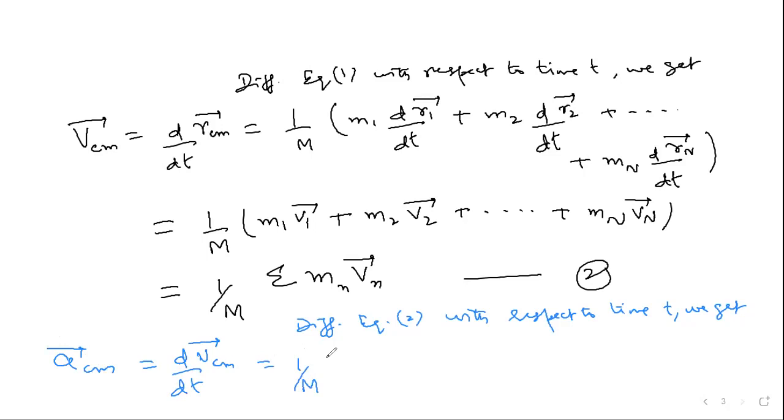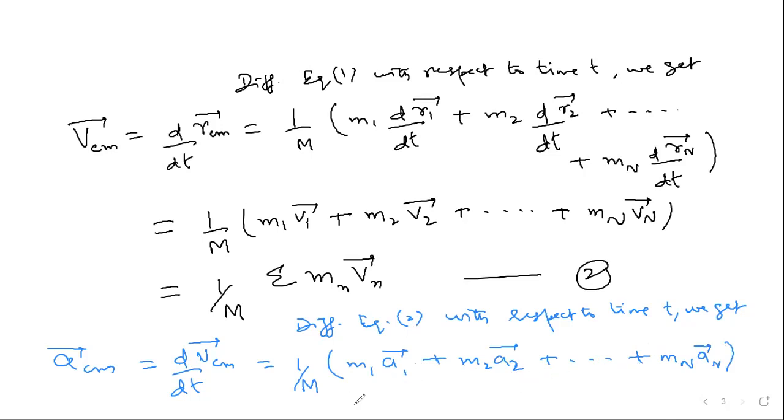I write it directly, m1 a1 plus m2 a2, right, plus so on plus mn an, because d by dt of v1 is a1, acceleration of particle 1, d by dt of v2 is a2, acceleration of particle 2, and so on.